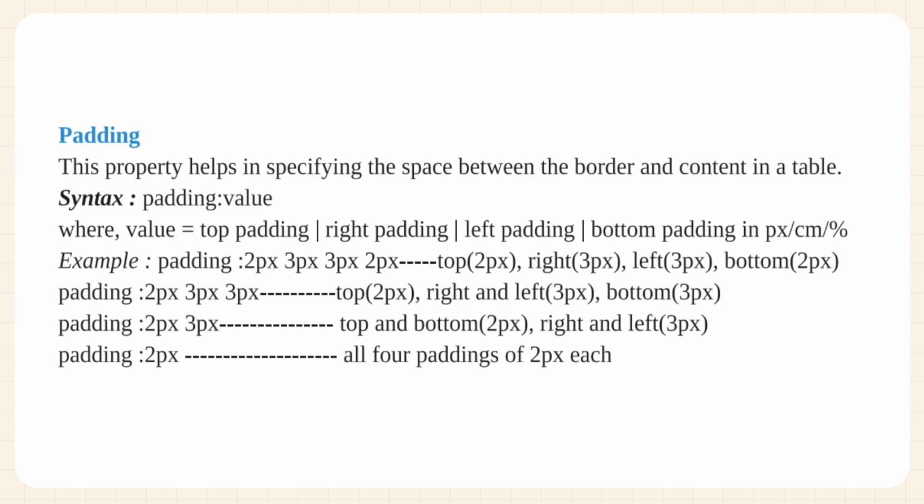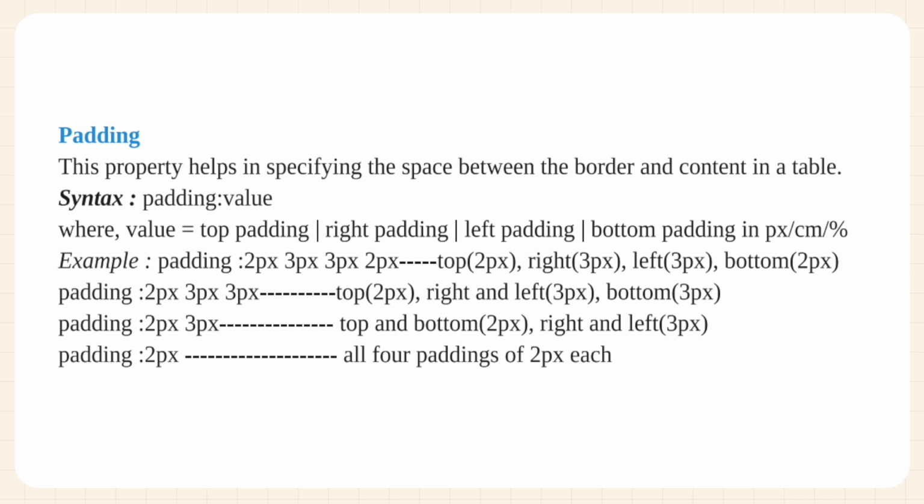Padding. This property helps in specifying the space between the border and content in a table. Syntax: padding: value, where value is equal to top padding | right padding | bottom padding | left padding in px/cm/%.